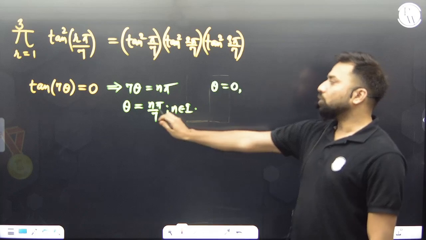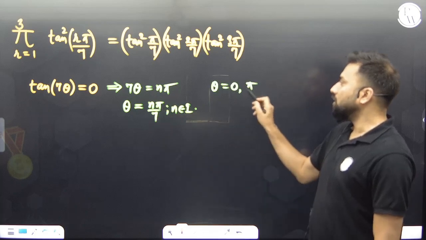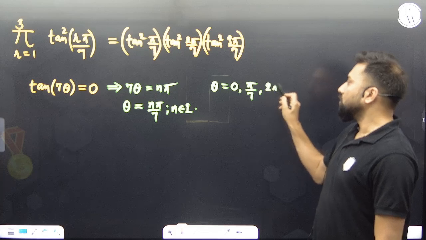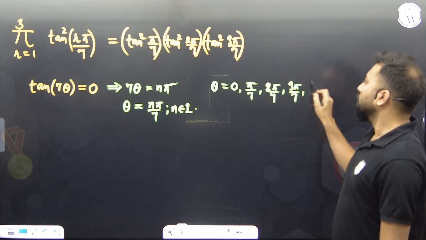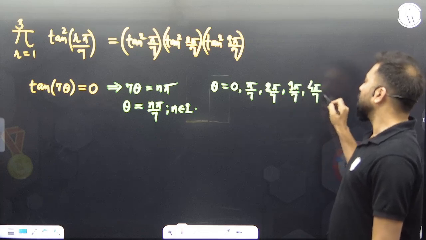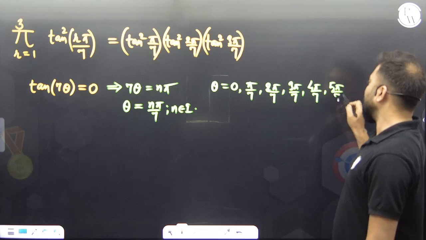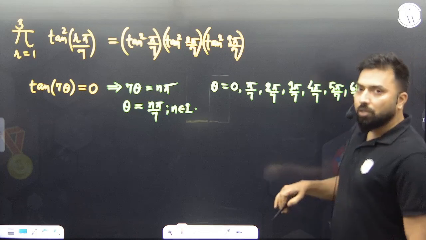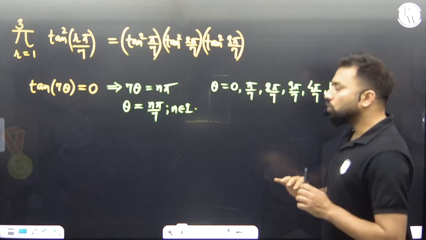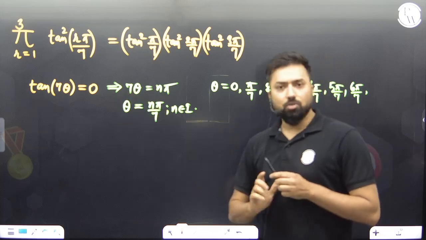If you put n equals 1, you get theta equals pi by 7. Then n equals 2 gives 2 pi by 7, then 3 pi by 7, 4 pi by 7, 5 pi by 7, and if you put 6, you get 6 pi by 7. So these values would be there in this particular solution.